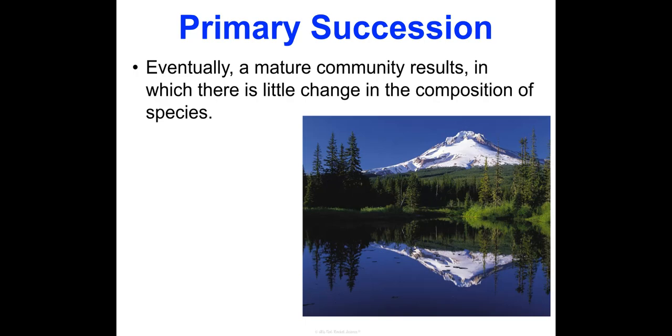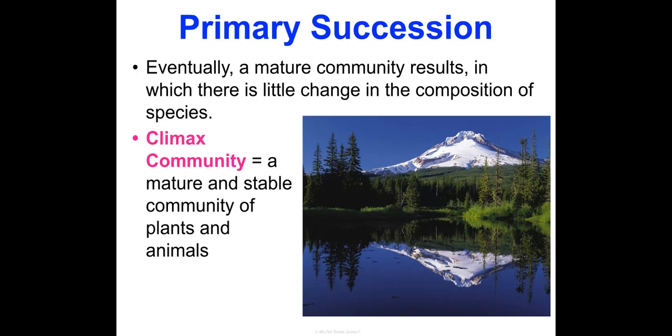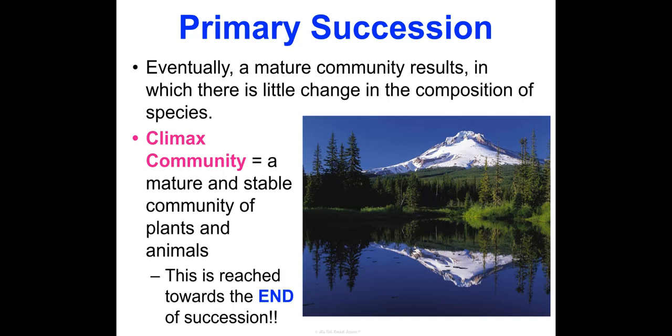Eventually, we get a mature community, and there's not a lot of change at that point. That's called the climax community. It's a mature and stable community of plants and animals. This would be the end of succession.